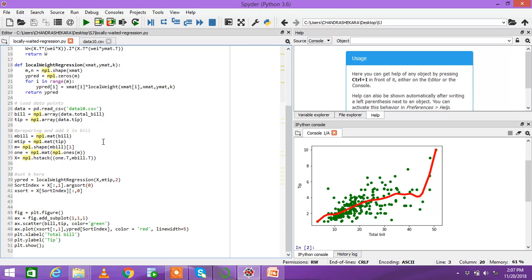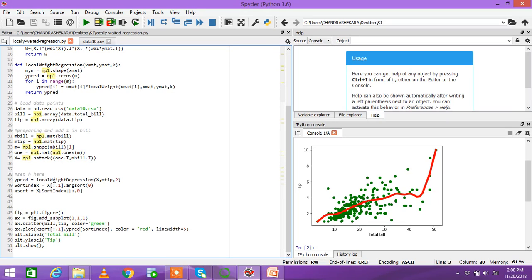Now here we are adding one to the bill, because we need the original matrix as well as the transpose matrix, which has to be stacked up using hstack. Now we have both the transpose of the bill as well as the tip.